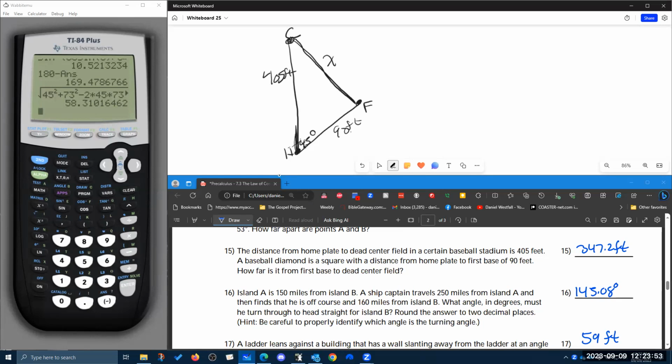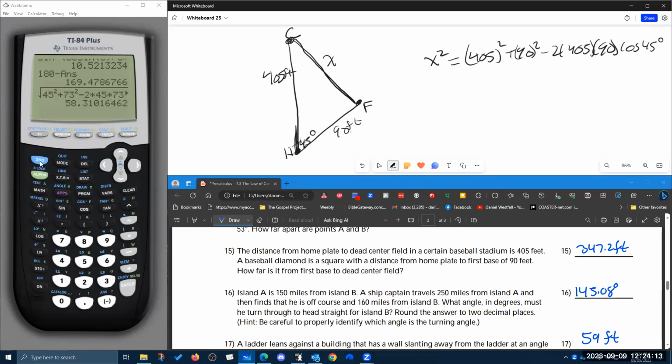We're going to use the law of cosines here to say that x squared is equal to 405 squared plus 90 squared minus 2 times 405 times 90 times the cosine of 45 degrees.